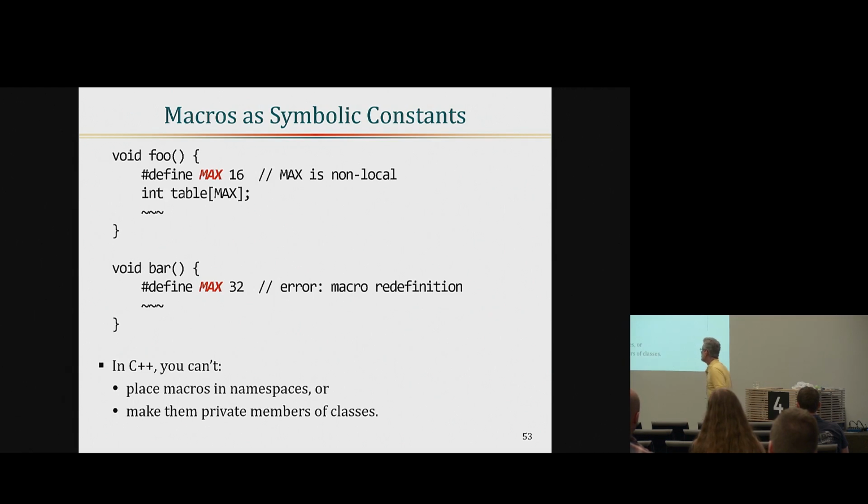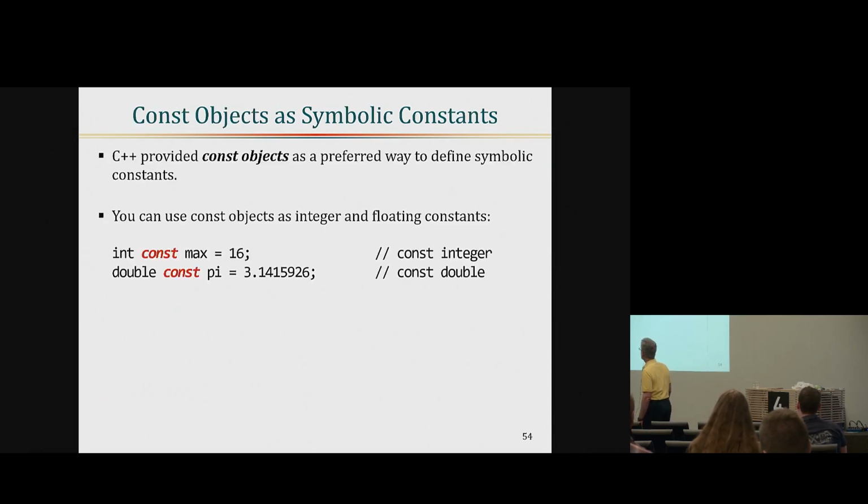And so, whereas with other kinds of entities, you can have things local to a function, where in C++ you can put them in namespaces or classes, you can't do that with a macro. And so C++ looked for ways to avoid using macros for this purpose and came up with using constant objects.